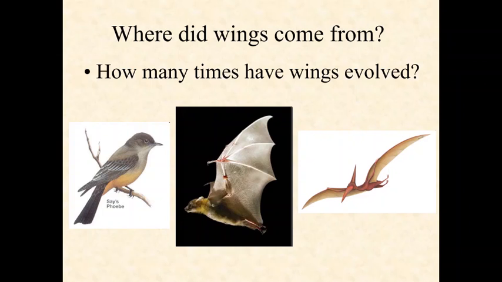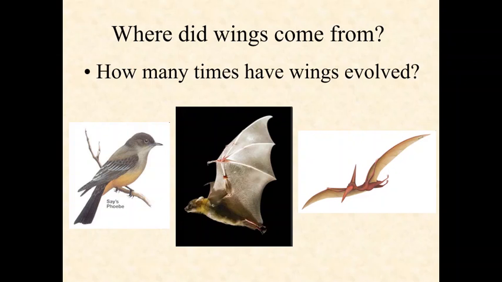So if I were to ask you, are the wings of birds, the wings of bats, and the wings of pterosaurs homologous structures? Now, that requires that you understand homology. So let's give you a quick definition. I hope that most of you understand what that word means. But homology means structures that are similar because they are derived from a common ancestral structure.